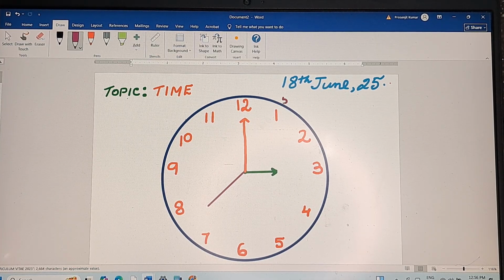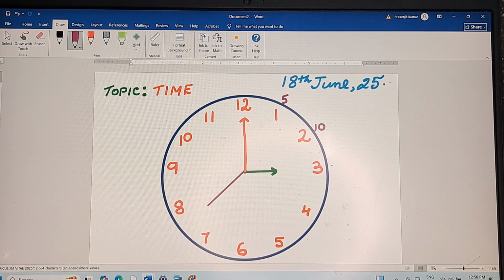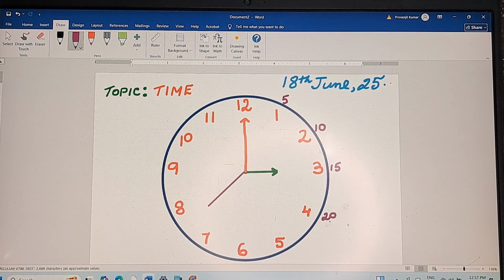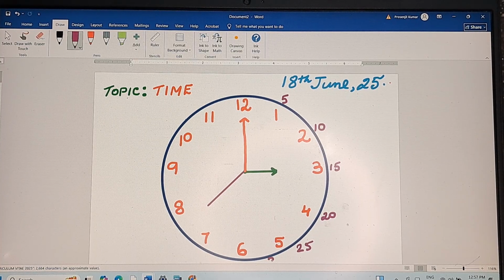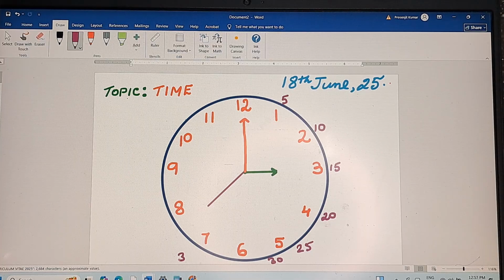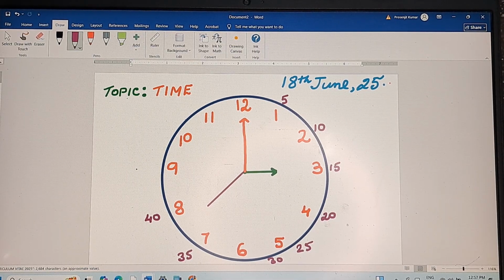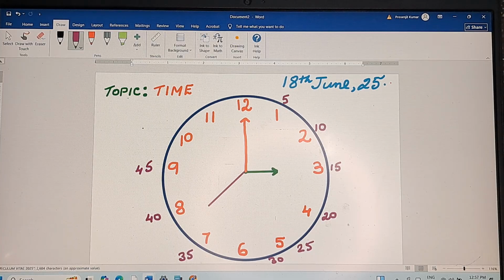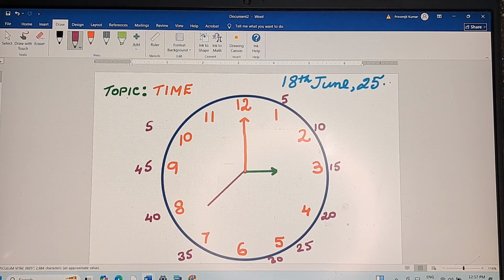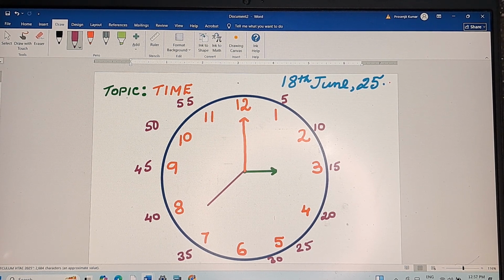So 1 represents 5 minutes, 2 over here represents 10, 3 represents 15 minutes, 4 represents 20 minutes, 5 represents 25 minutes, 6 represents 30 minutes, 7 represents 35 minutes, 8 represents 40 minutes, 9 represents 45 minutes, 10 represents 50 minutes, 11 represents 55 minutes, and 12 represents 60 minutes.